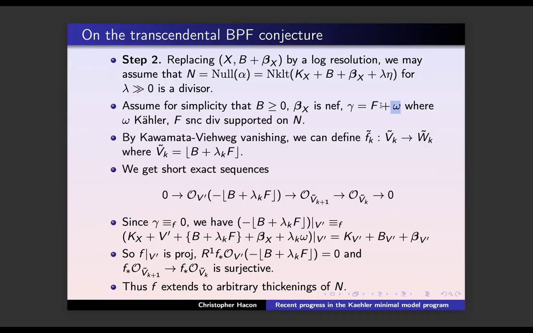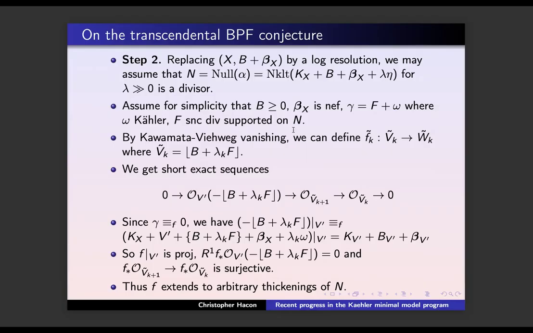So let's just assume that we've done that. In other words, this f is going to be some simple normal crossing divisor supported on N. Again, for the experts, I'm hiding a small detail here, but I don't want to try to do the necessary bookkeeping.